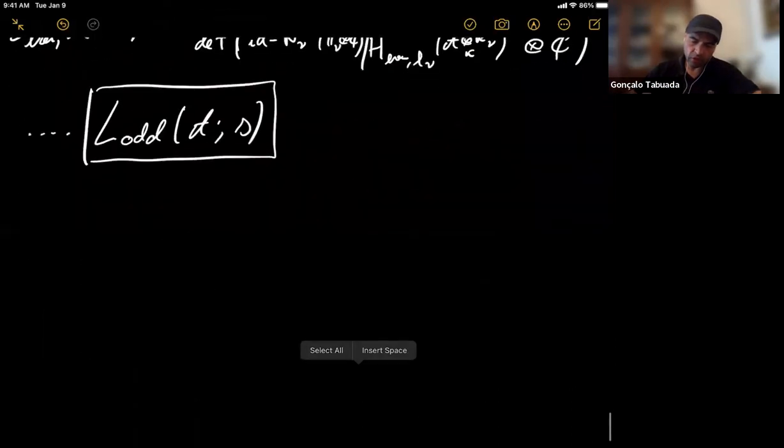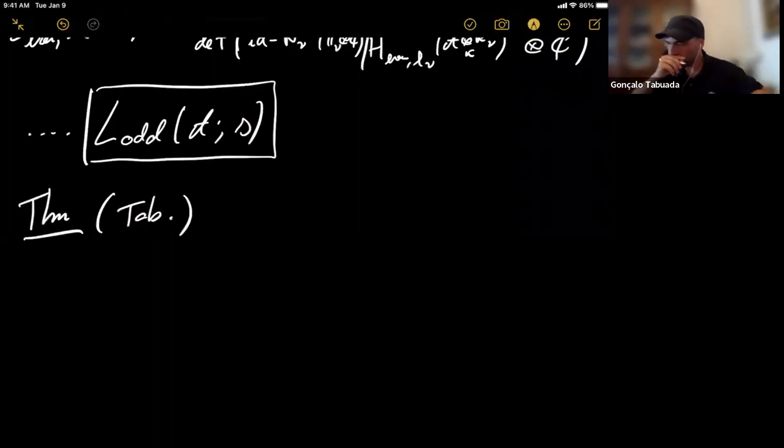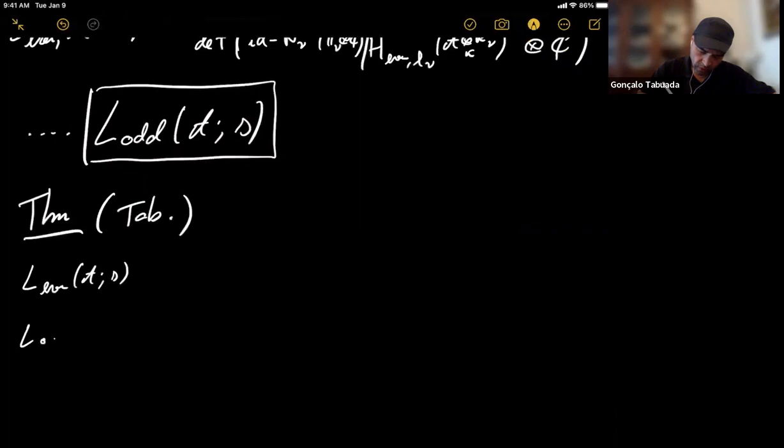have the following analog of the theorem of Serre. So we have the following analog: in fact this even L function and this odd L function are meromorphic functions.